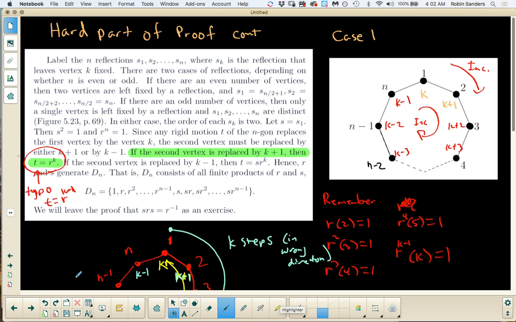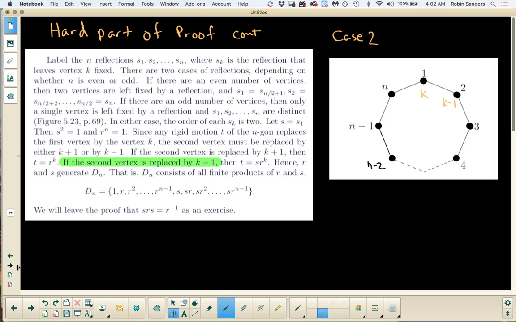Well, case 2 still needs to be dealt with. Case 2 has the second vertex being labeled k minus 1. Now again, it's a rigid motion of the particular n-gon, so this has to be k plus 1 because k is trapped between k minus 1 and k plus 1.